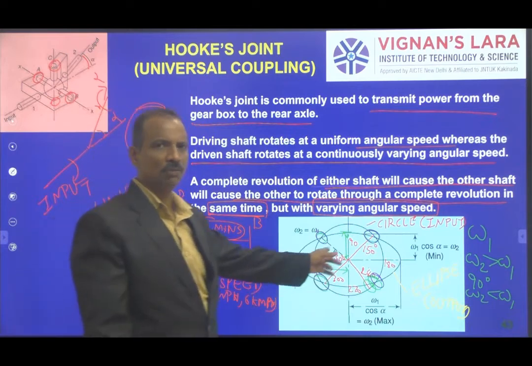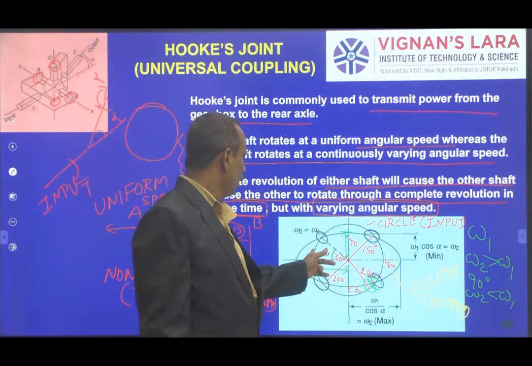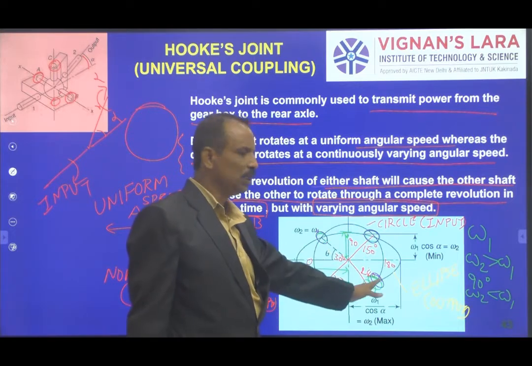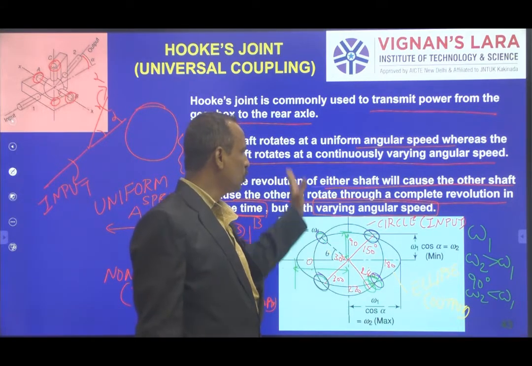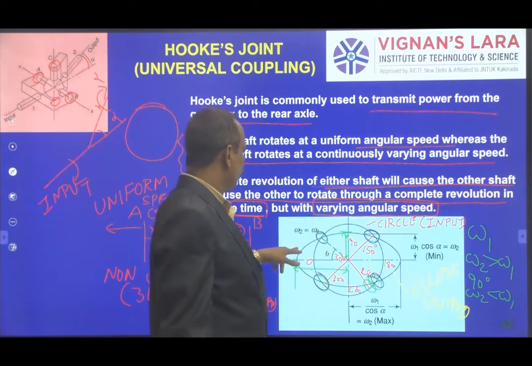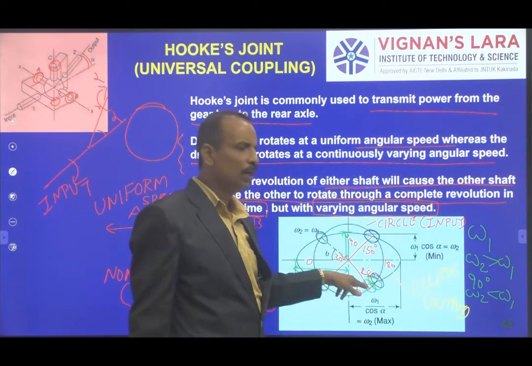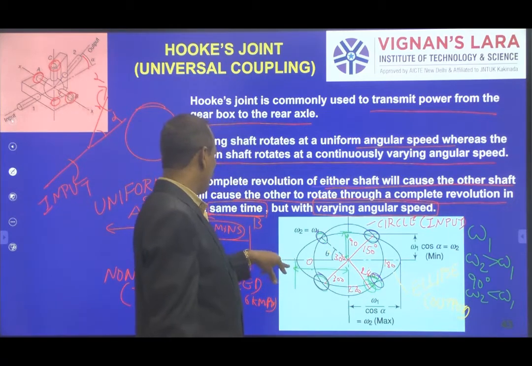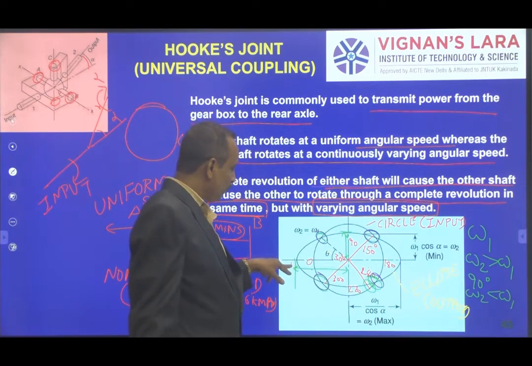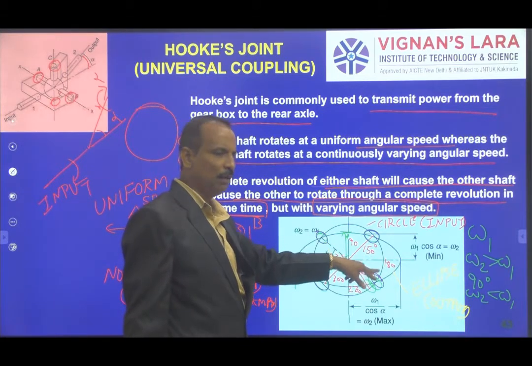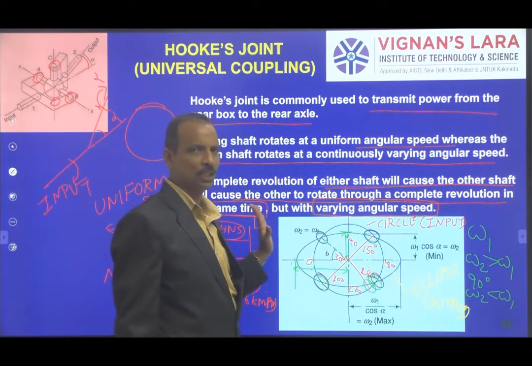That is what you can observe in this diagram. So input shaft is A, output shaft is B. The input shaft is with the same angular speed from beginning to the end of the cycle, whereas the output shaft is varying maxima to minima, minima to maxima, maxima to minima, minima to maxima.